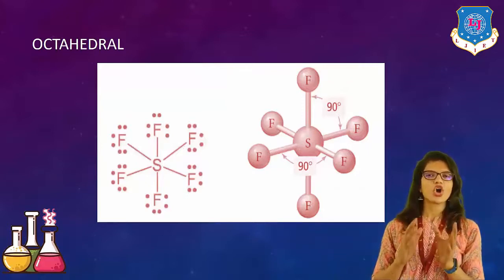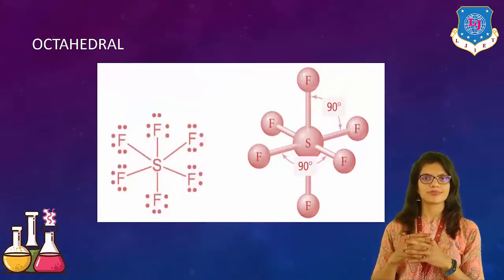So octahedral will also have 90 degrees bond angle, right? So in this manner we can see how the attachment of the atom changes the shape of the molecule. Depending upon that, their bond angle will be different, and as the bond angle changes, along with it, their shape also changes.